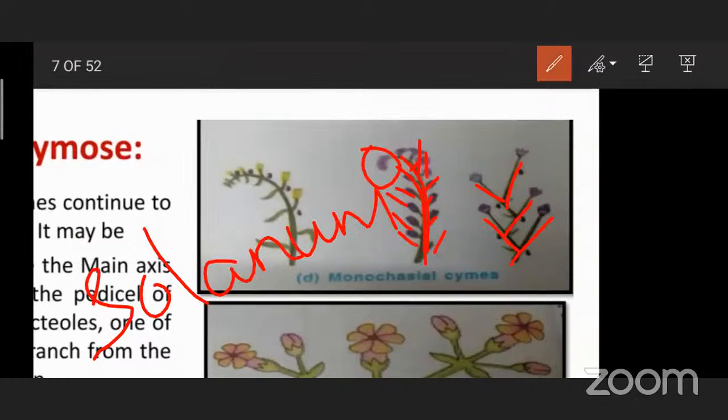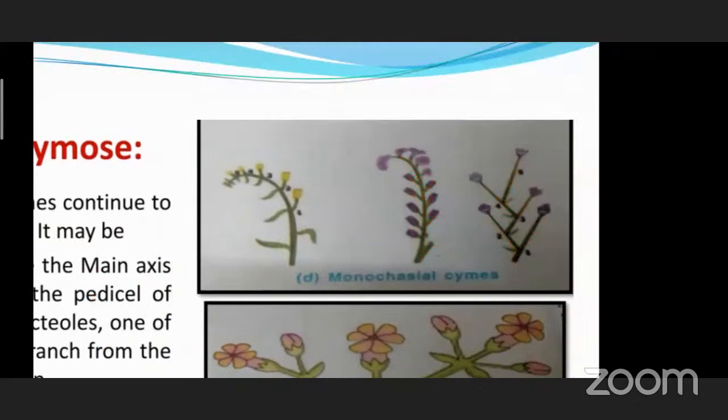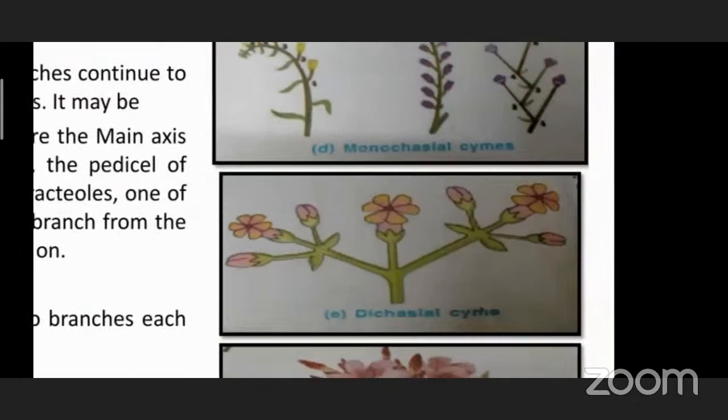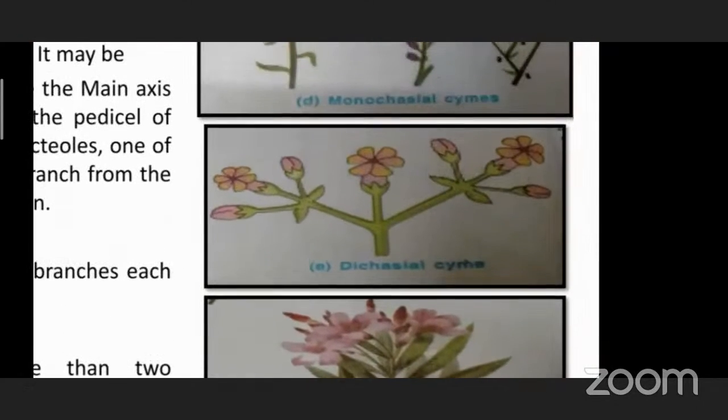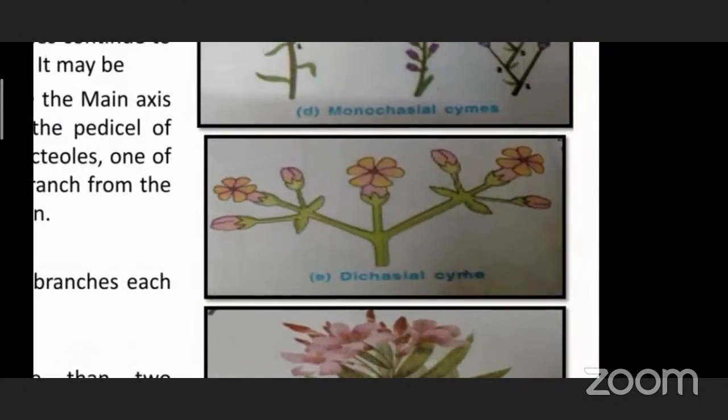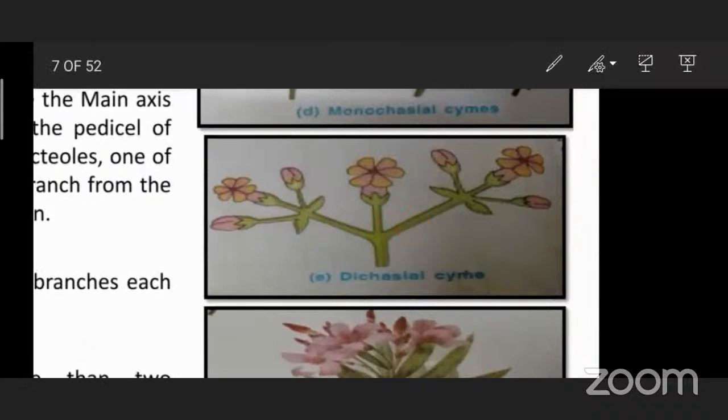Monochasial cymose inflorescence. Example, Solanum. Another example, Camellia. And second one, compound cymose, that is dichasial cyme. This is dichasial cyme with two branches each time. Di means two.